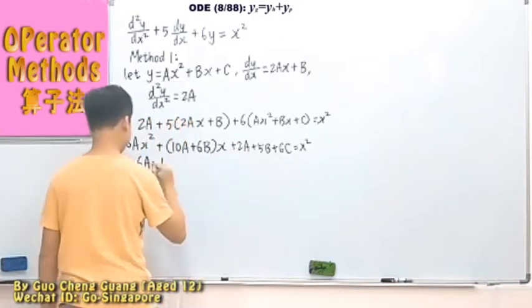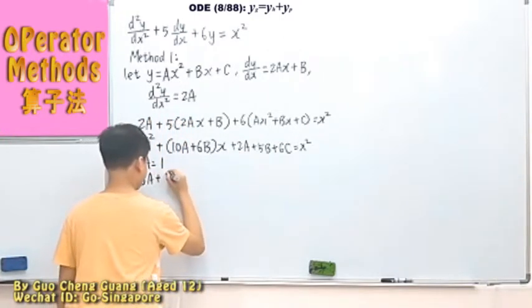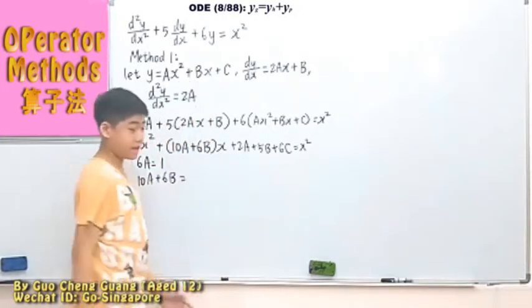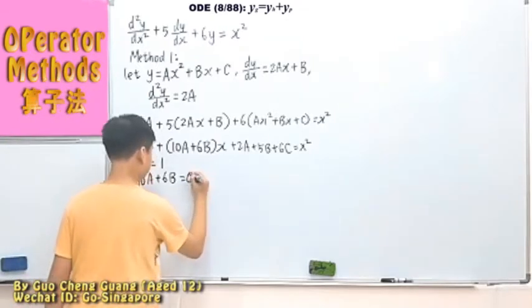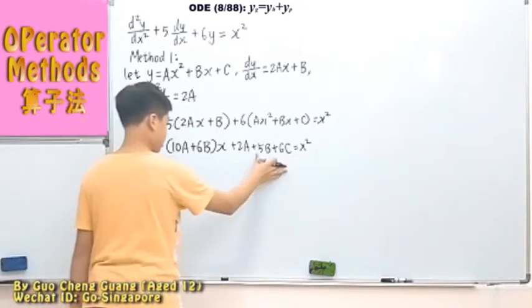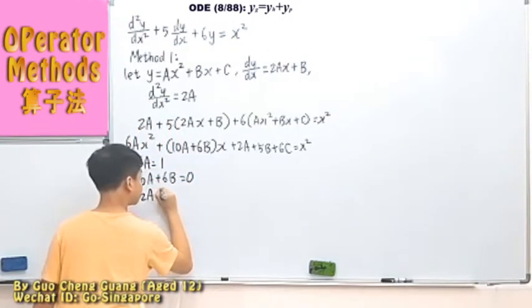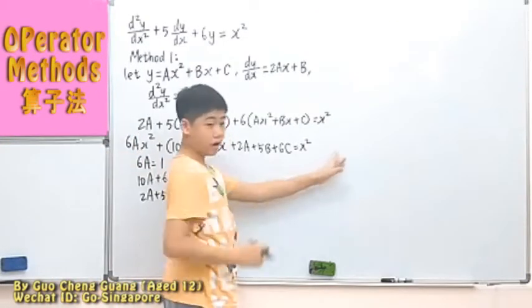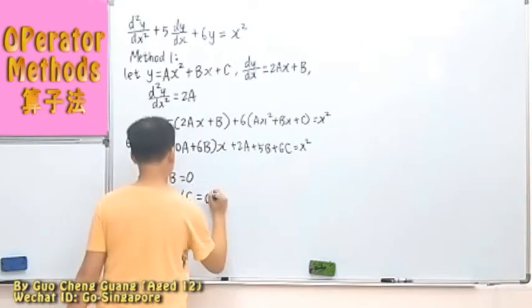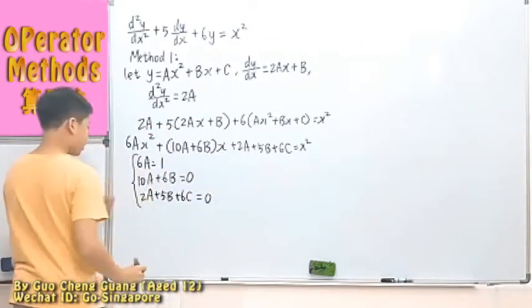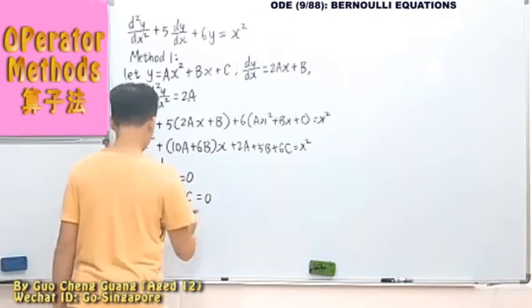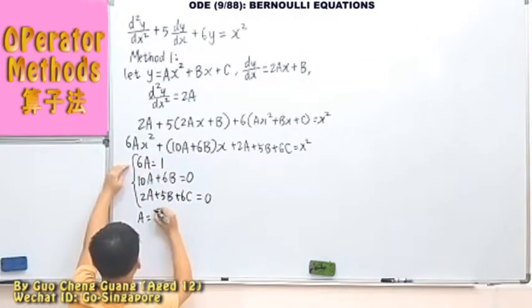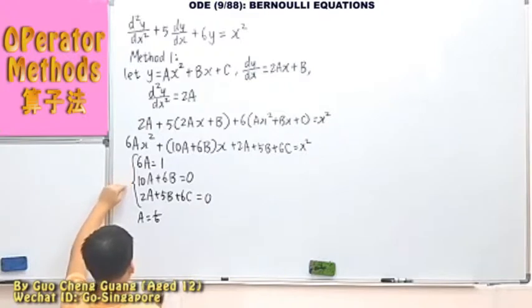Then here, 10a plus 6b. For the part behind, you don't have any x, so that is just 0. For the constant part, since you don't have any other constants on the other side, it is also just 0. From the first part, you get a is 1 over 6.